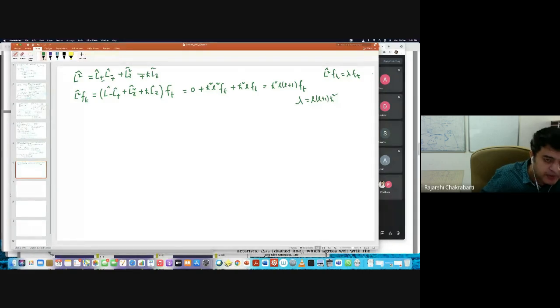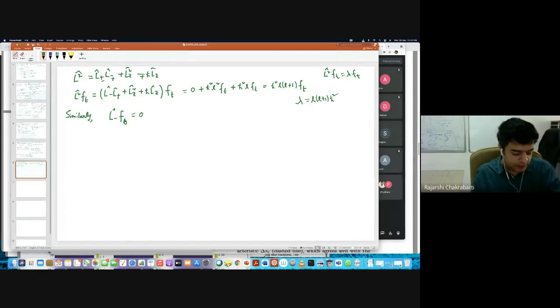Okay. Now similarly, if I operate L minus on something like Fb, b for the lowest possible value, base, this is going to be 0, because you cannot go down further.